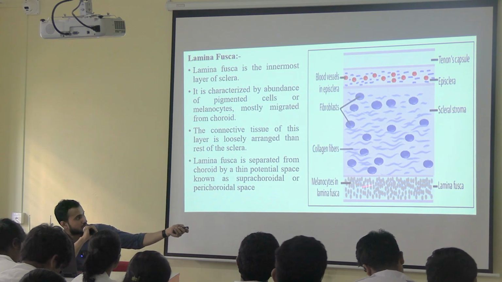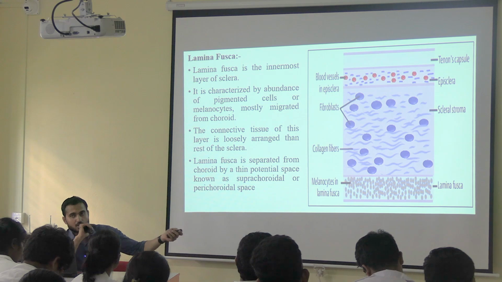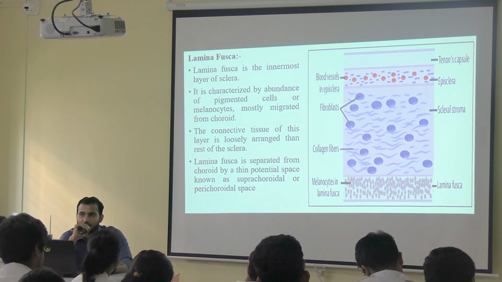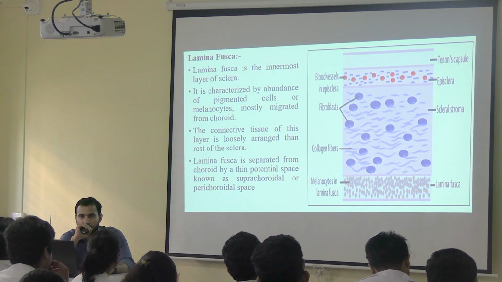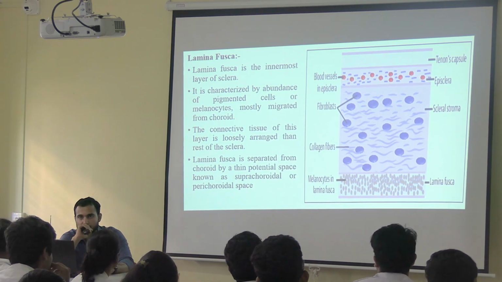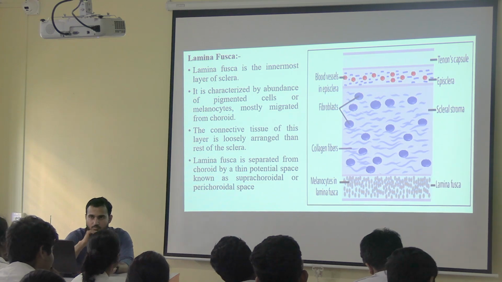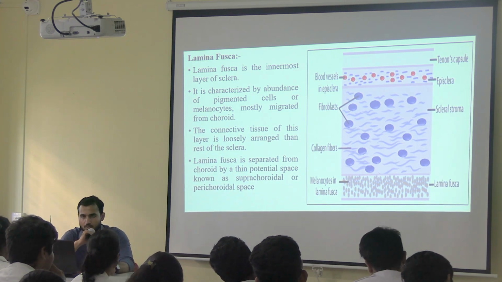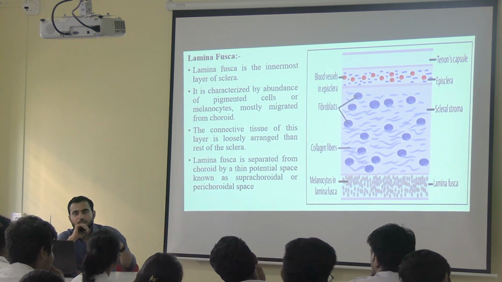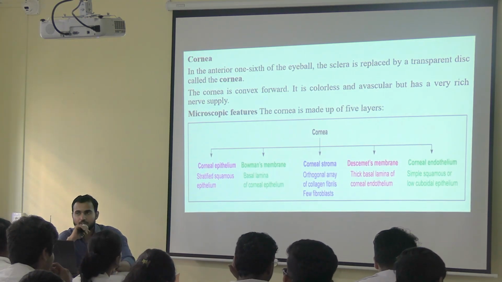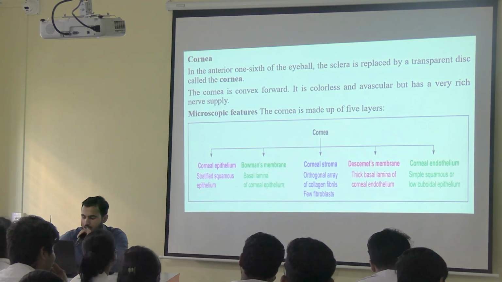Then you get the lamina fusca, where loosely arranged connective tissue is present, and along with that, an abundant quantity of melanocytes or pigment cells are present. So that is the structure of the sclera. Next, after the sclera, what will be the next part? Cornea. Now here you can see the structure of the cornea.